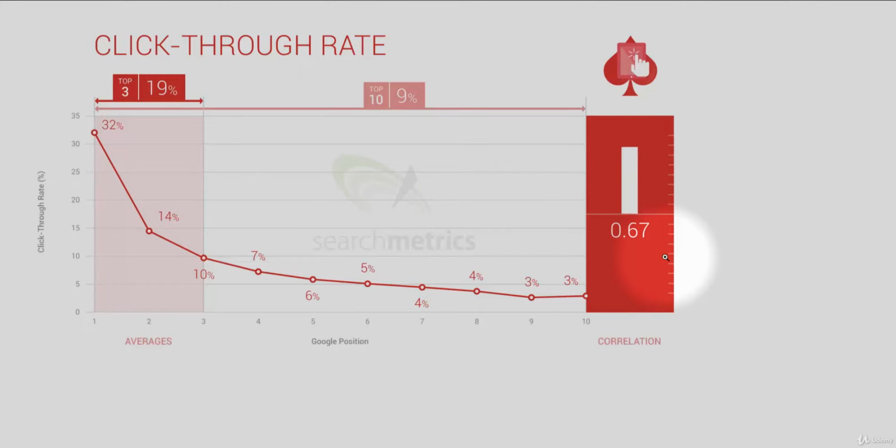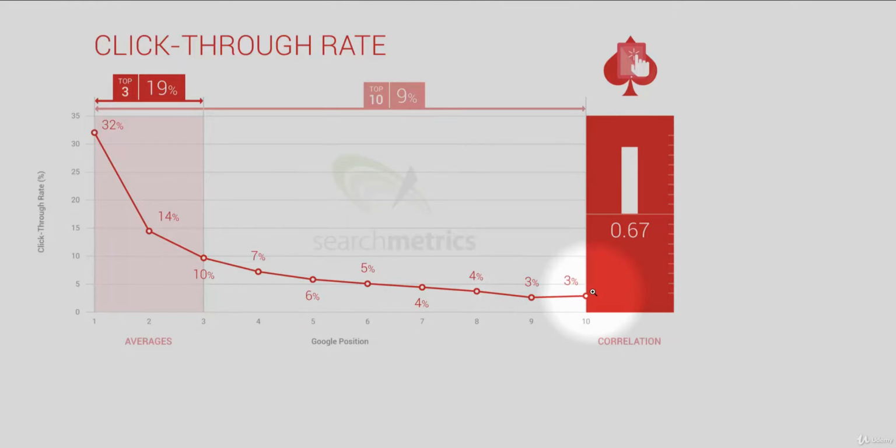So what does this 0.67 correlation mean? In these top 10 search results, you can see that the CTR of the second search result is 14%, which is lesser than the first. Also, the CTR of the third search result is lesser than the second, and it goes on like this, right?